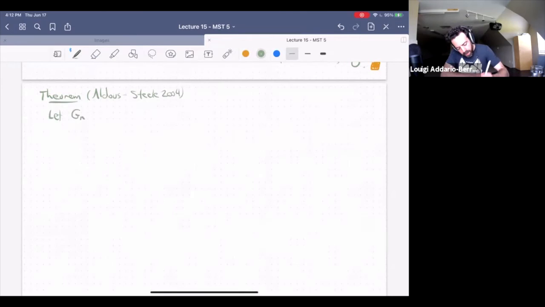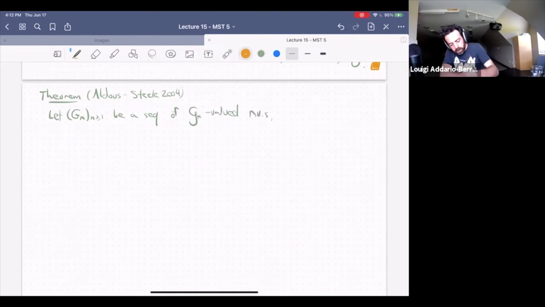So let G_n be a sequence of G-star valued random variables. I'll write G_n is (V_n, E_n, rho_n), and the weights are W_n. Okay, and I'm supposing that they're finite.